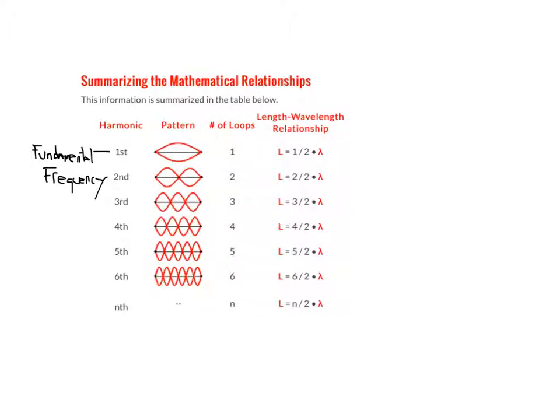In fact, we're going to see something interesting here. Let's make the length of the rope that the standing wave is on the entire rope, 1 meter long. So it's the same rope for all of these.